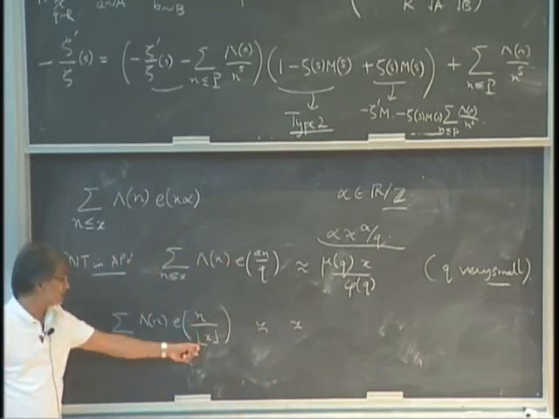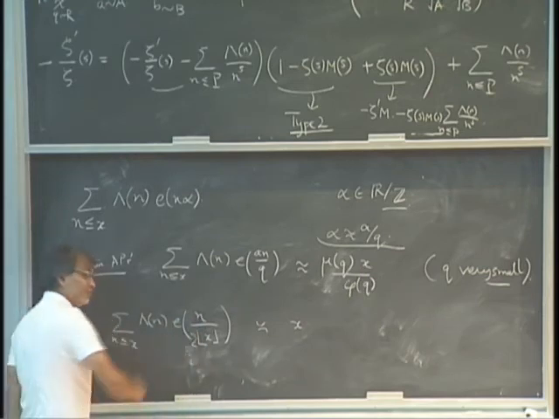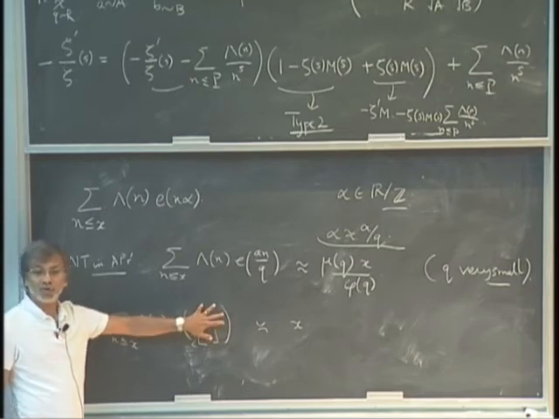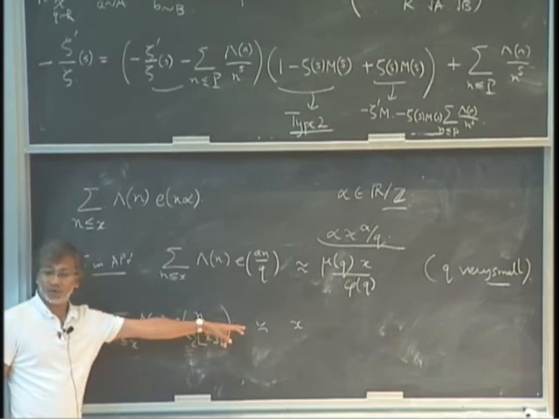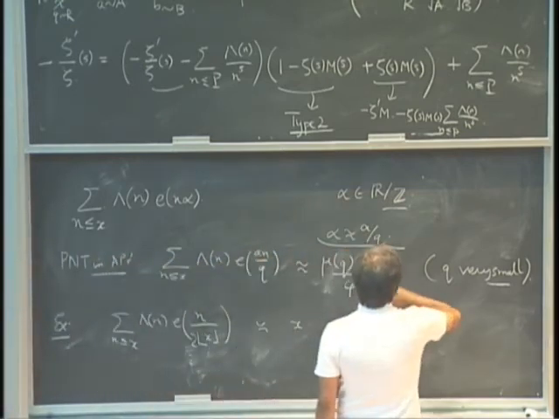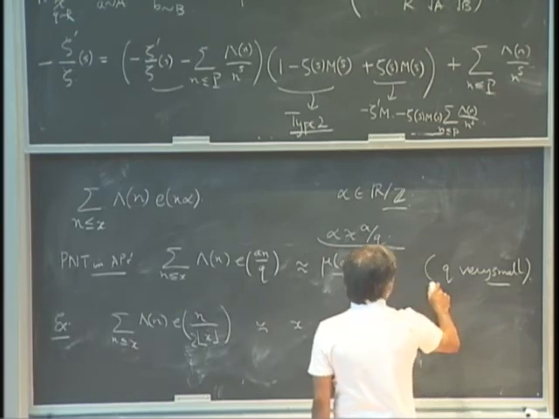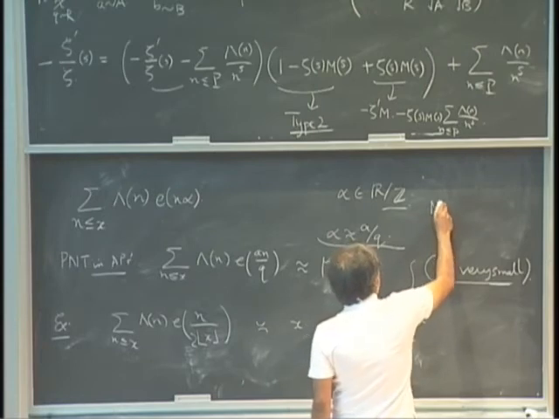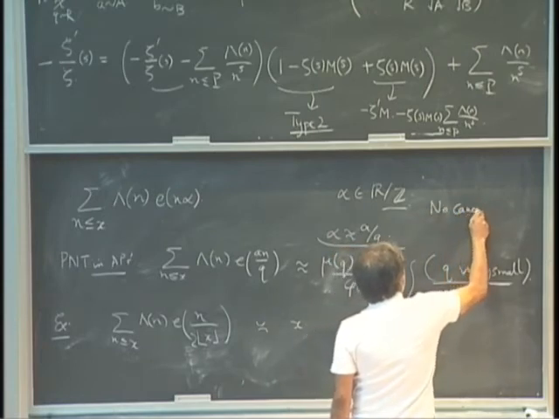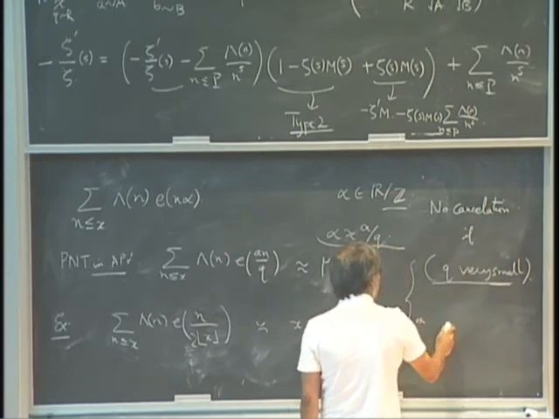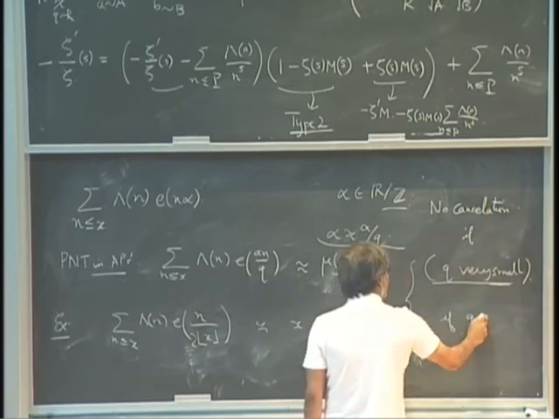Because this term here, or maybe I should put a 2 here just to be safe, right? This guy is not oscillating much at all, so it's usually pointing in the same direction, and they all add up to give you something of size x, right? So if alpha is close to a over q, then I don't expect any cancellation if q is very small, or if q is close to x.